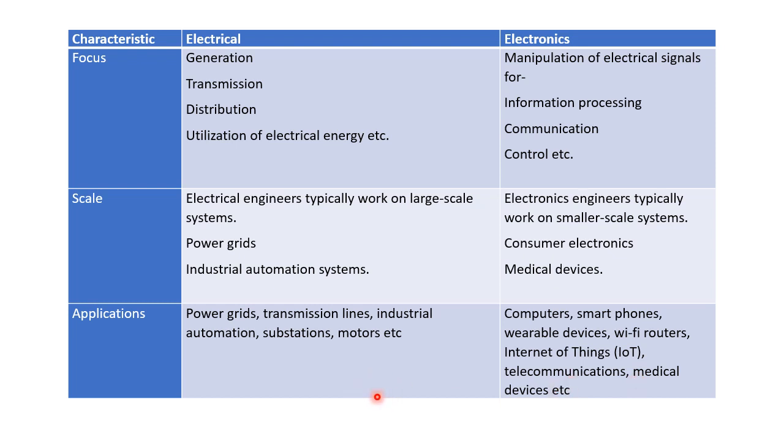So in the end, what I can say is there is no clear-cut distinction between electrical and electronics. The important thing is that electronics is a part of electrical.